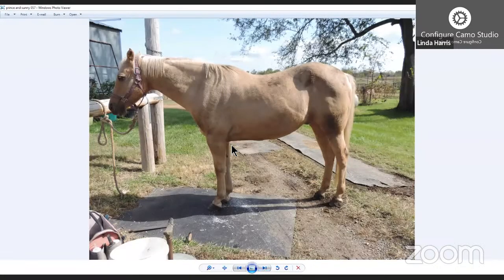Well, there he is. So that's when I first found it. And he didn't want to stand on that foot. So I did that foot first and let him stand on his other foot. Because, see, I tried to do the other foot first and he wouldn't stand on that foot. And so I did that foot, and after I took the leverage off the toe, then he would stand for me to do the other foot.